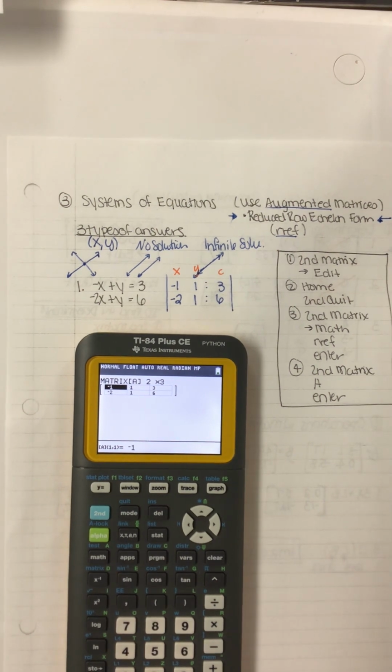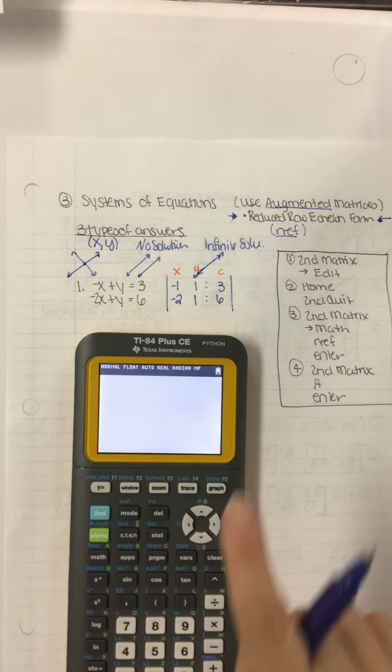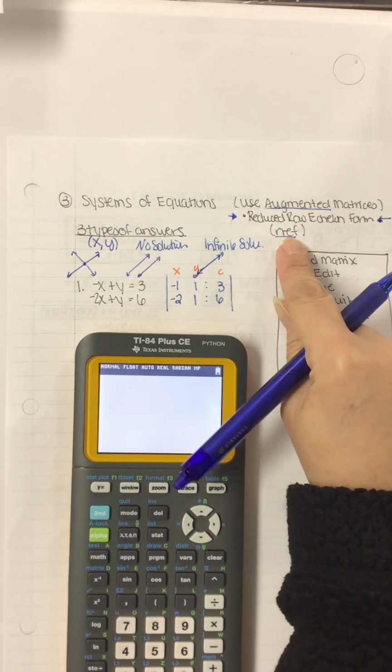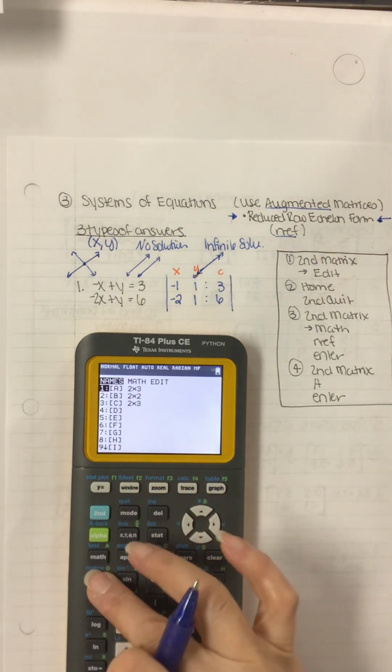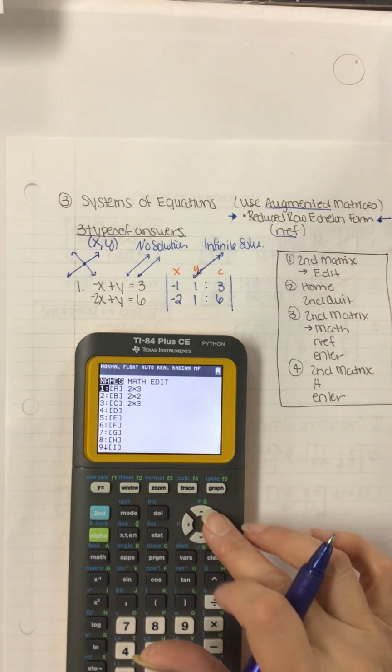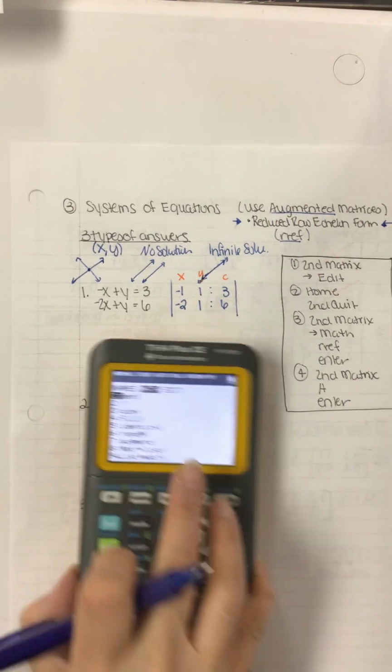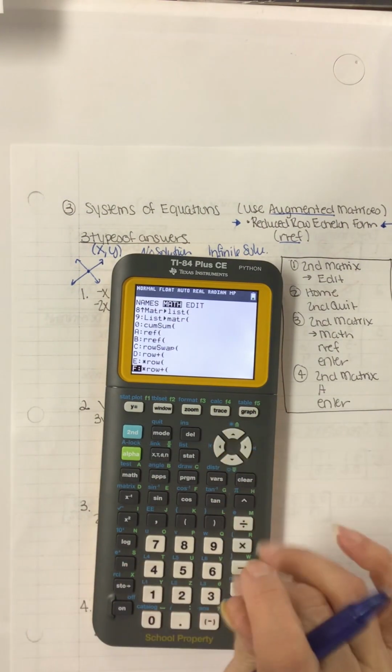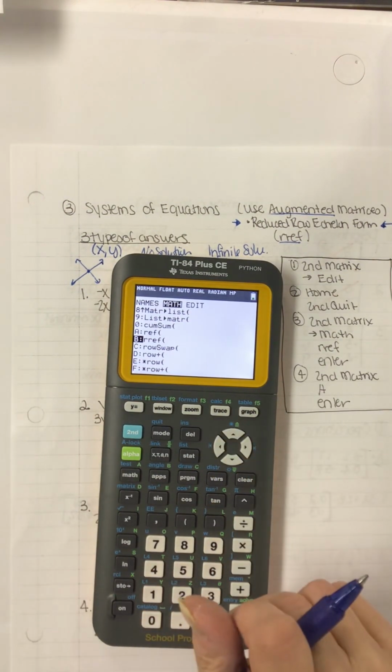Now it's stored there, right? I've got to get out of that window. And now I want to find something, yes? I want to find that reduced row echelon form. So I do second matrix again, and where do I go to find something? Math. And then you're looking for the RREF. If you scroll up, it's going to be closer.